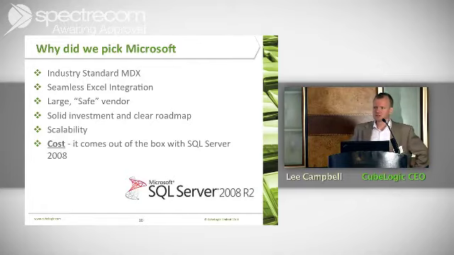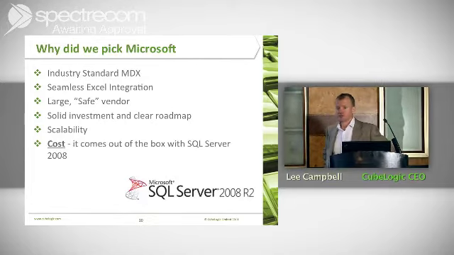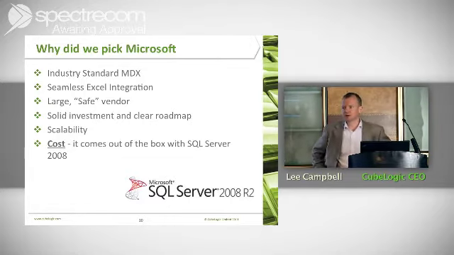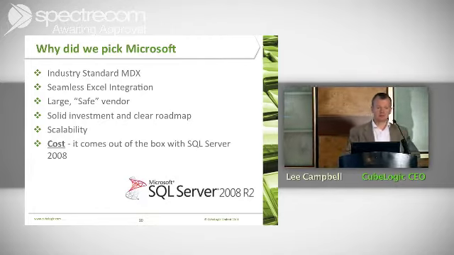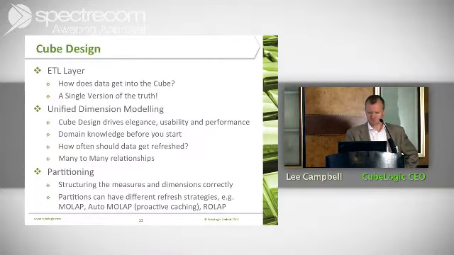And you don't have to spend huge amounts on hardware. It will run on reasonable hardware. And the other thing we like about it is just cost. There's no additional license. You've got SQL Server as a database. It's just part of that product. So you don't have to buy an additional vendor's product to be able to run OLAP. So those were the real things that we liked about it.